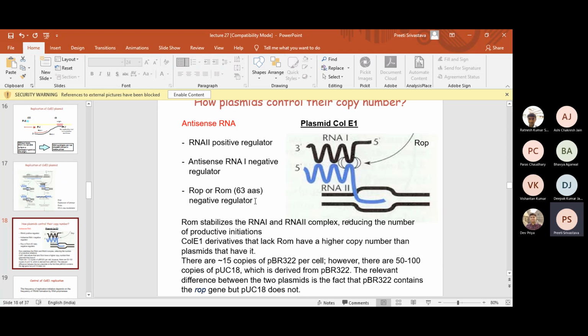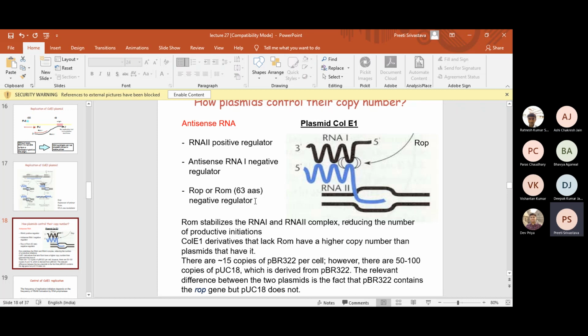So that means antisense RNA1 is a negative regulator, ROP or ROM is also a negative regulator, and RNA2 is the positive regulator. Is it clear? Everybody is quiet. Yes, ma'am. Yes. Ashi, is it clear? Yes, ma'am, it is clear.